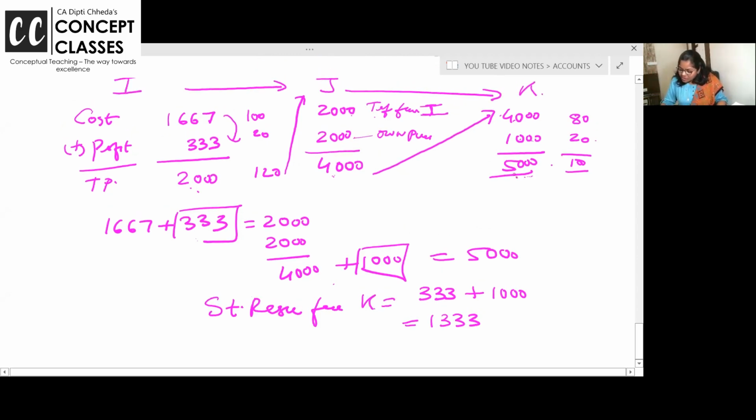In 5000, 1000 is the loading of J and 333 is the loading of I.